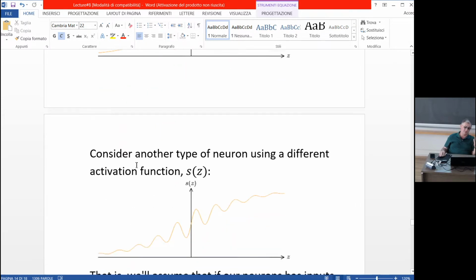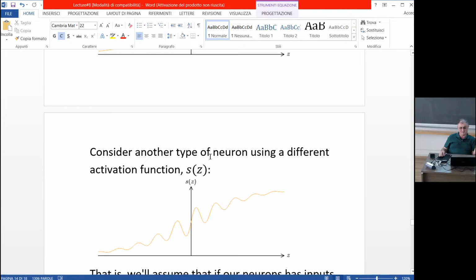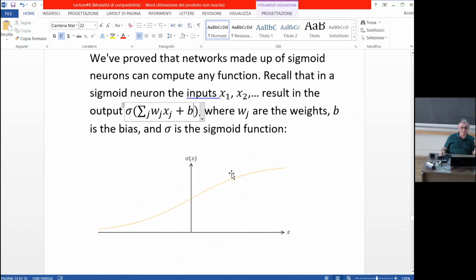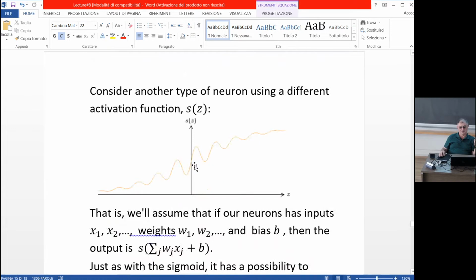Consider an absolutely arbitrary activation function. We had sigma as the sigmoidal function, but let's consider some function, also monotonic, no, not monotonic, some so-called average monotonic function from 0 to 1, for example.